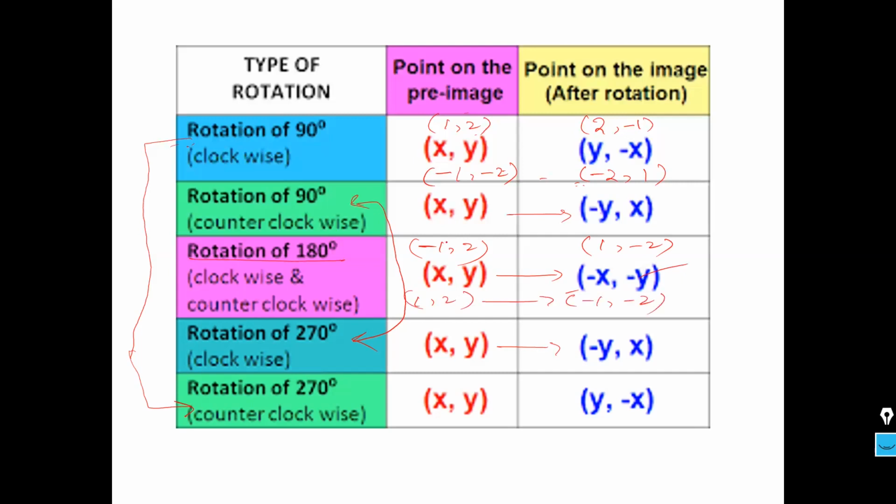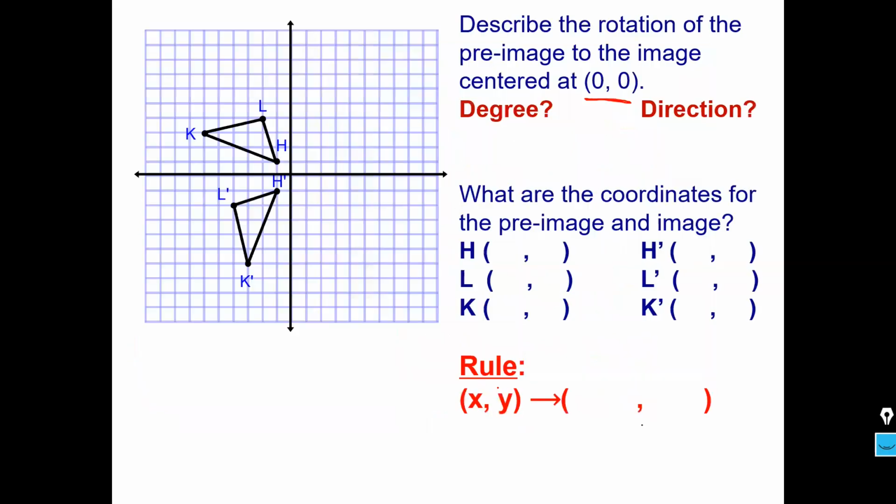Whatever the signs of the original shape's coordinates, they will be opposite, but the same place and the same number. So we shall apply these coordinate changes to find the rotation. Now look here. We have two images and we need to find the rotation. Describe the rotation of the pre-image to the image at center origin.